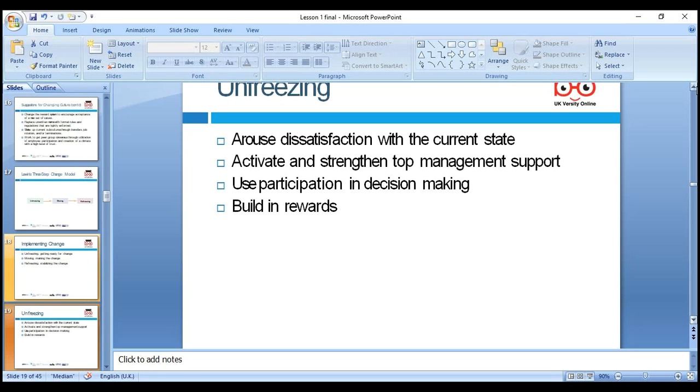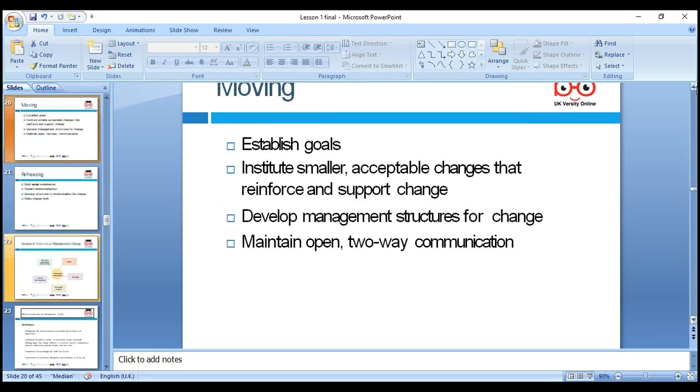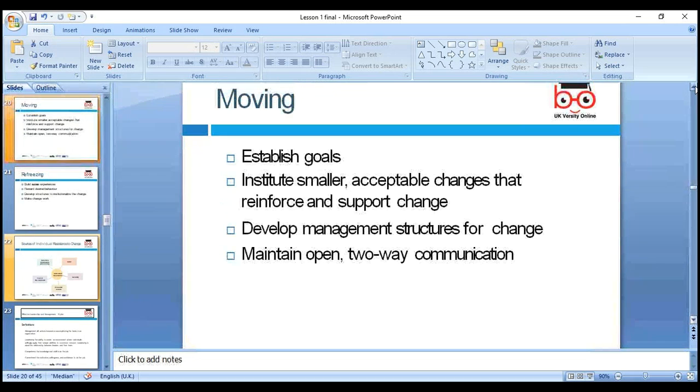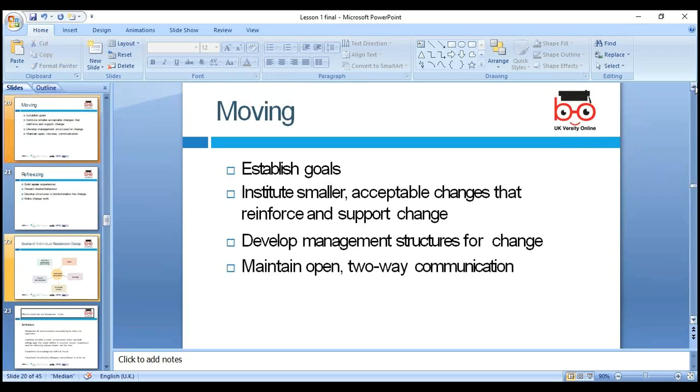Think about it: if we want to make roads in an area but don't involve the local people, they can create a problem for us. So first of all, we need to make them ready, and say you will get rewards, you will get local jobs, your goods will be sold, and so on. So establish goals.